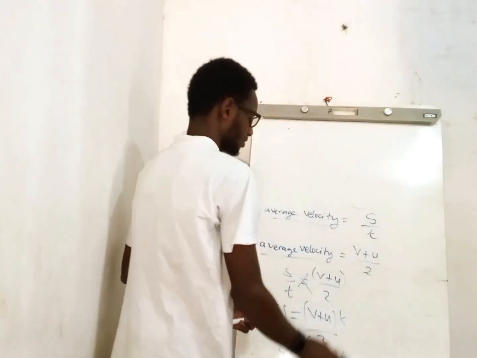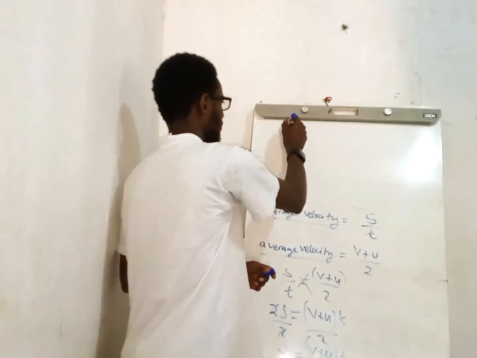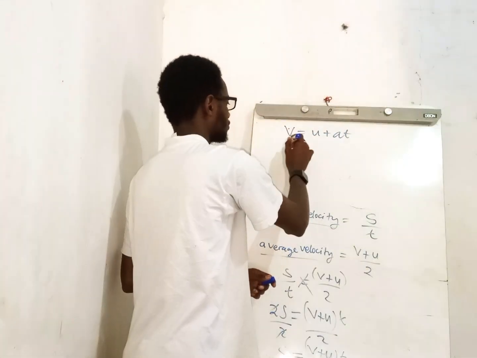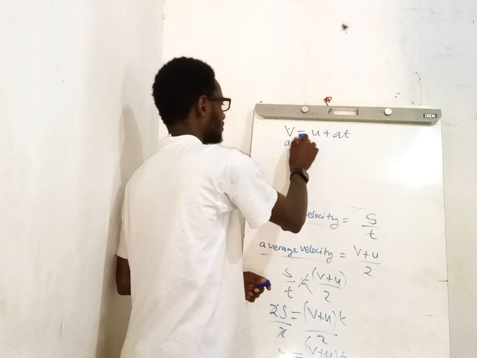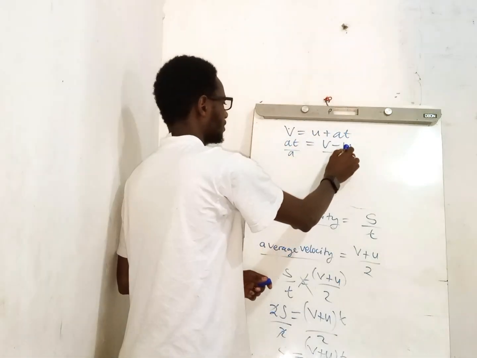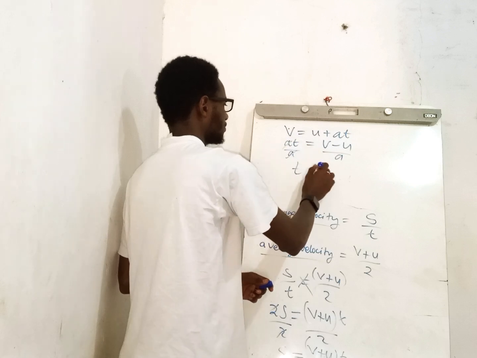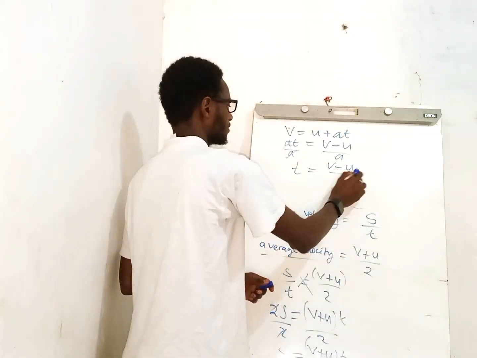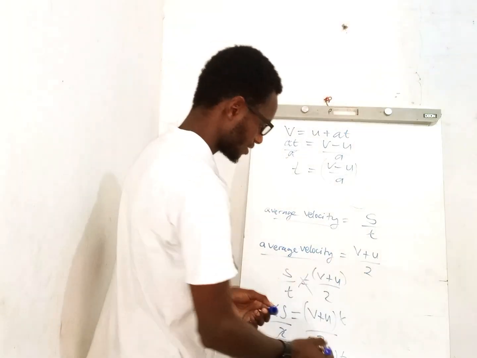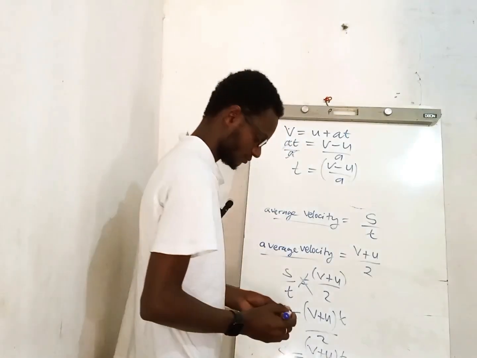If you make time the subject from the first equation, v = u + at, you are going to have at = v minus u, divided by a. So the a's will go away and you are left with v minus u all over a. This is going to be the time. Now you substitute it here.